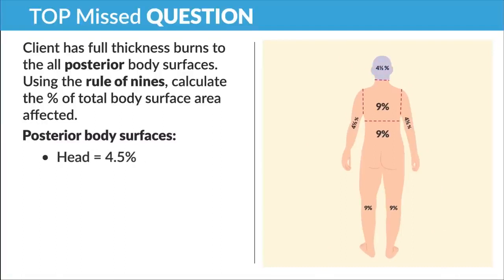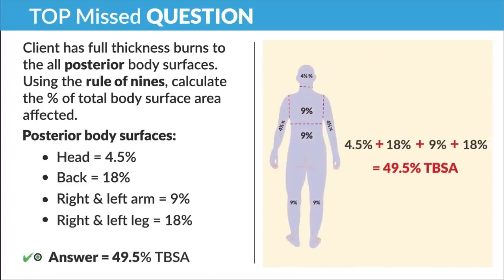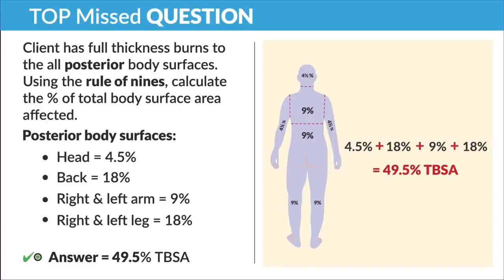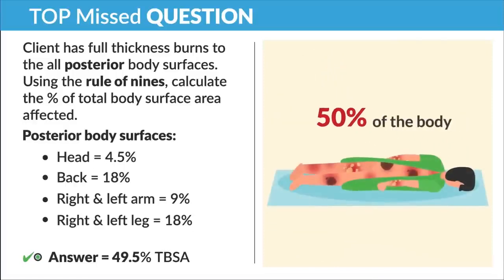So 4.5% for the head, 18% for the entire back, 9% for the right and left arm, and 18% for the right and left leg. So the answer is 49.5%. Now most exams ask you to round to the nearest whole number. So the answer would be 50% of the body, which makes sense because the entire back or posterior of the body has been burned here. So half the body's been burned, so 50% of the body.